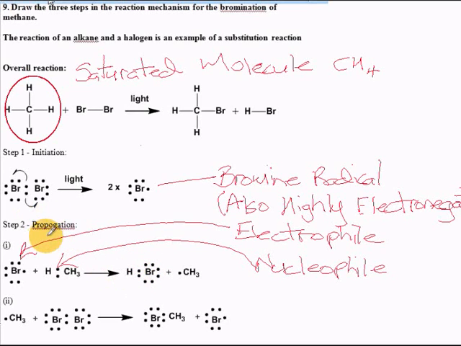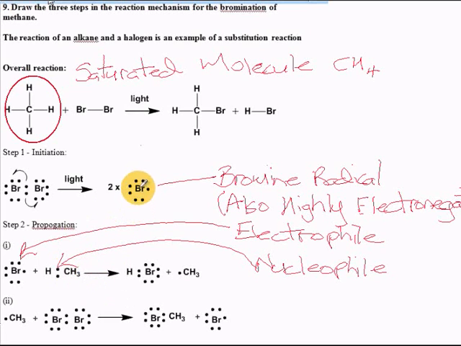And you see that on the product side of this reaction, which is part of the propagation step, we end up with our HBr, which leaves us with CH3 with an unpaired electron, an extra electron that is not bonded to anything. So we have a CH3 radical at this stage. In propagation, we have a progression of this effect dominoing its way through the mixture.